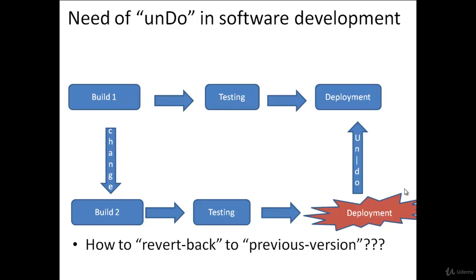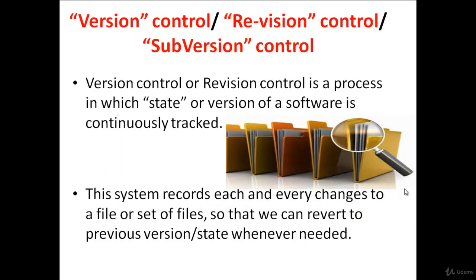There are many version control tools available in the market, right? But in this module we're going to talk about Git and GitHub, right? So if we talk about version control, revision control, subversion control, all these are one and the same thing. So version control is basically a process in which the state or version of a software is continuously tracked, right?